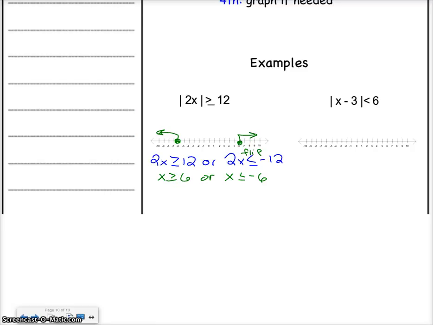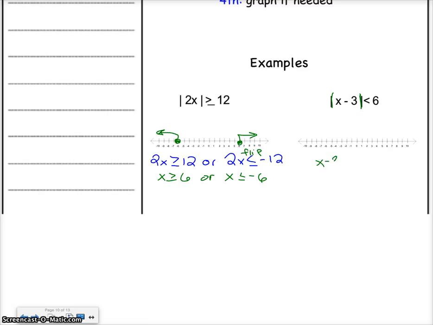Okay, the next one. The absolute value of x minus 3 is less than 6. Is my absolute value symbol alone on the side of the inequality? Meaning, is there anything on the outside of it? Nope. So I can make my cases.